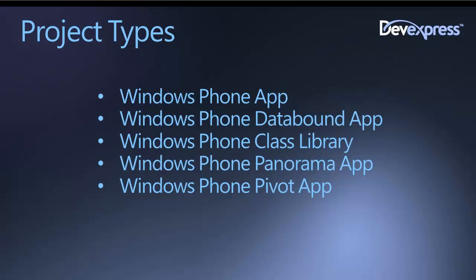The data-bound app creates a project that uses a list box control and has some basic navigation features to go back and forth within your data and binds to a data source. This particular template actually relies on the MVVM or model view model design pattern.